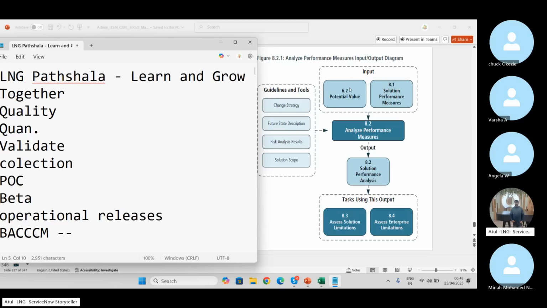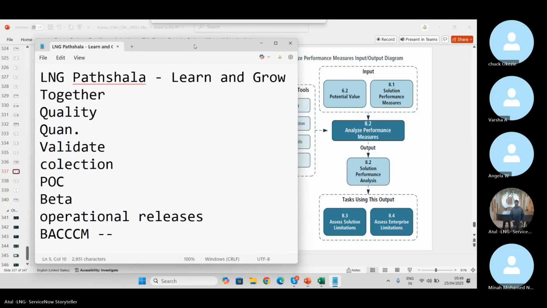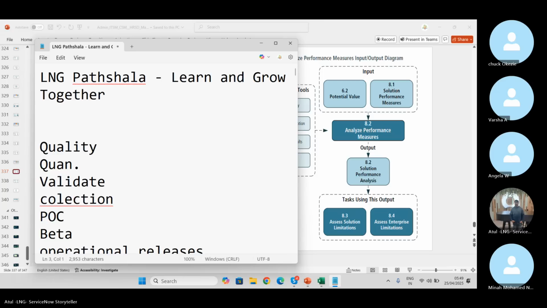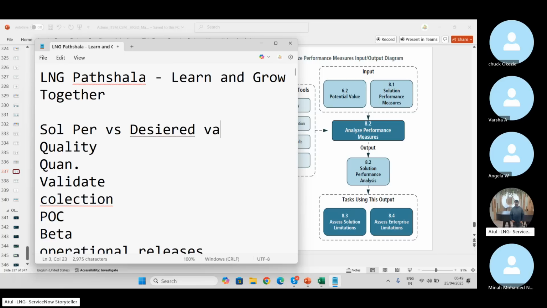Here you interpret the results coming from the previous measures. And while you are interpreting and analyzing, the first and most valuable thing is what was promised. Meaning, what is the solution performance versus the desired value.